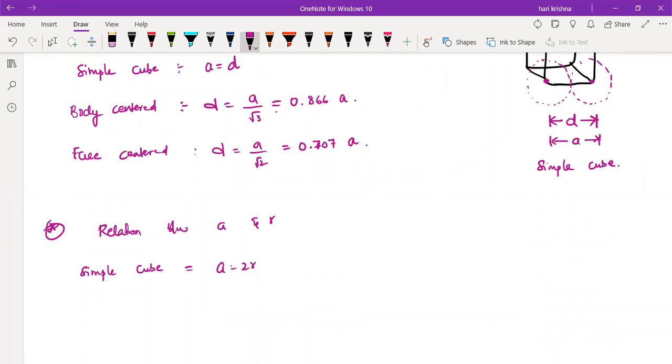A is equal to 2R, right? In the case of a simple cube, the relation between A and R is A equal to 2R. What about in the case of FCC?